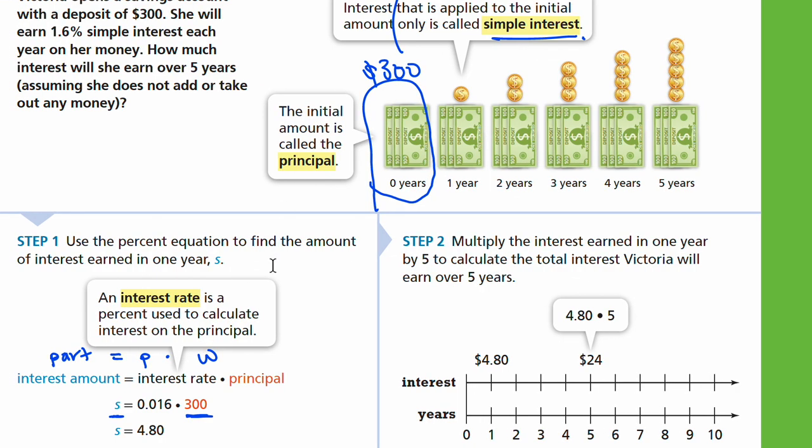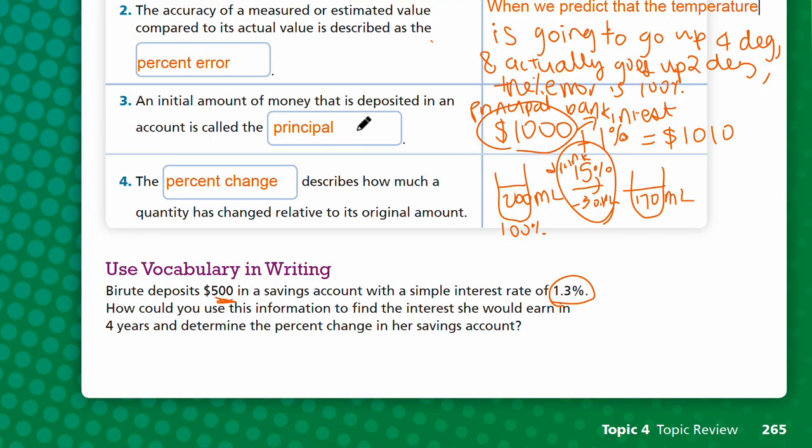So you're going to use this equation. Interest amount is equal to interest rate times principal, which is the same as our percent equation here. Part, the interest amount, is equal to percent, which is the interest rate, times the whole, right? So we're going to use that equation.